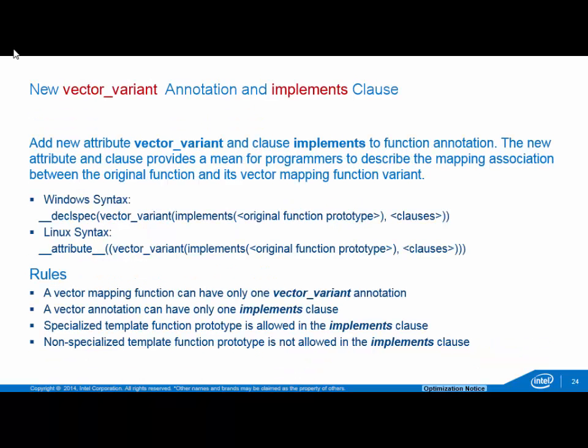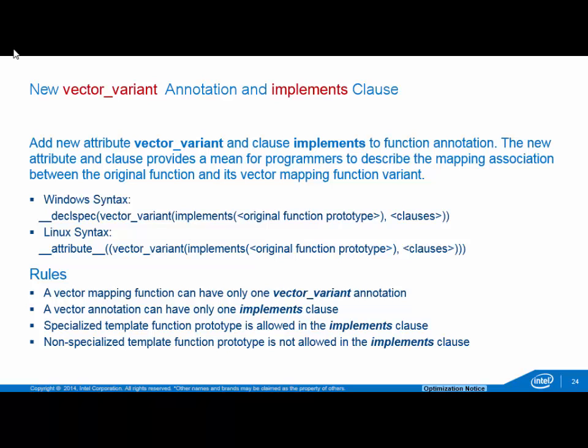Because this is not part of the OpenMP standard yet, what we did was add declspec, which is the Windows syntax, and this is the Linux syntax. Basically, the user says this vector variant function implements that scalar function.